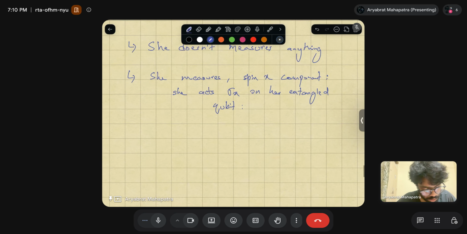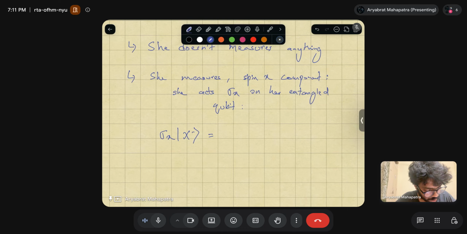So sigma x acts on chi minus. You will see chi minus is a linear combination of product states, which means each term has two distinct states. She can only operate on the one which belongs to her, not Bob's.